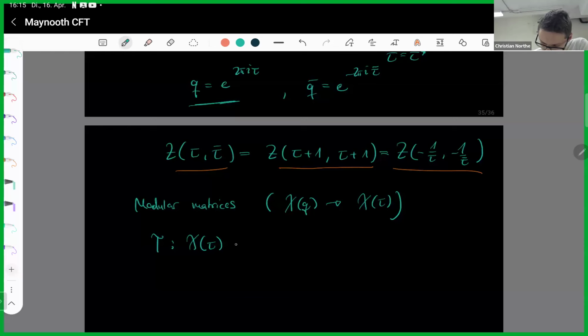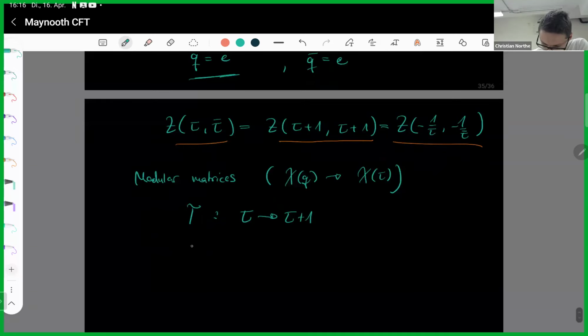So there's a matrix capital T, which takes tau to tau plus 1. There's a matrix S, which takes tau to minus 1 over tau.